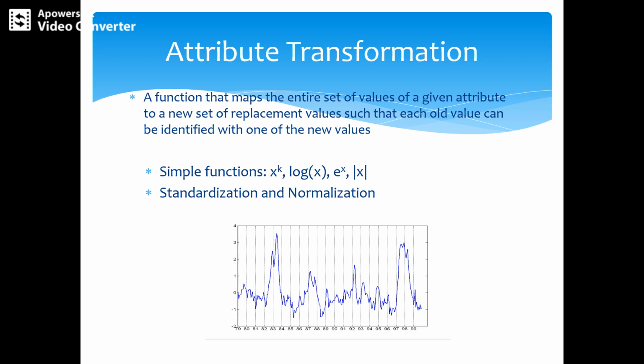In statistics, variable transformations, especially square root, log, and 1 by x, are often used to transform data that does not have a Gaussian, that is, normal distribution, into data that does.